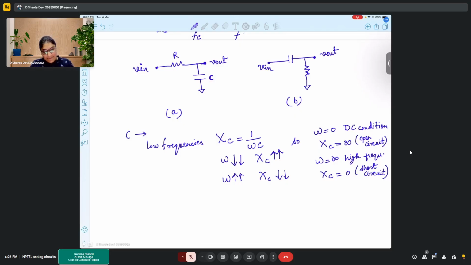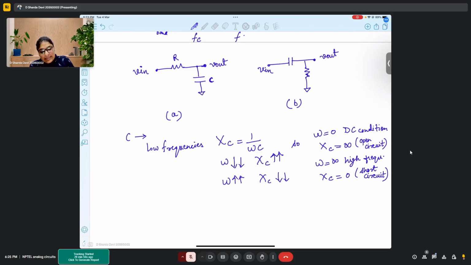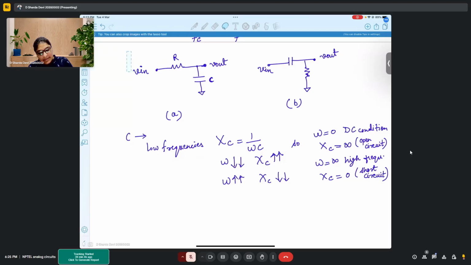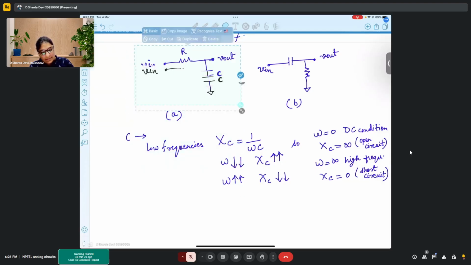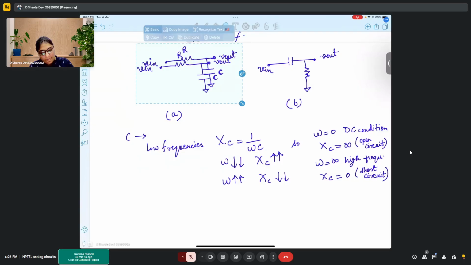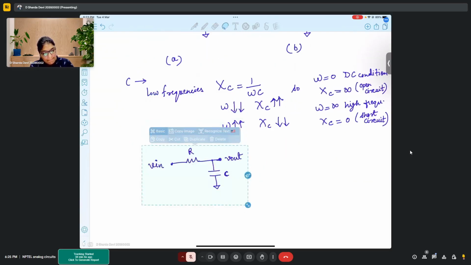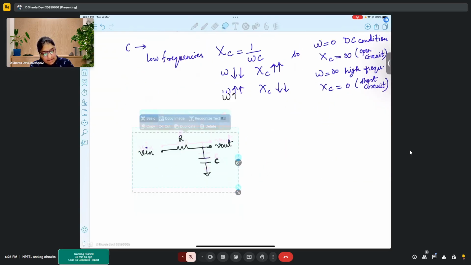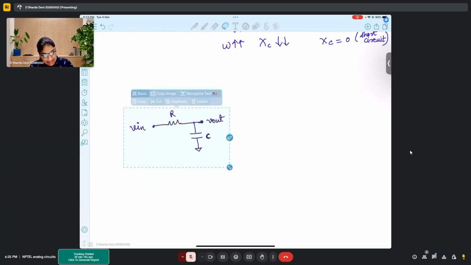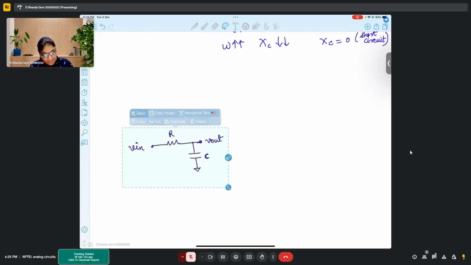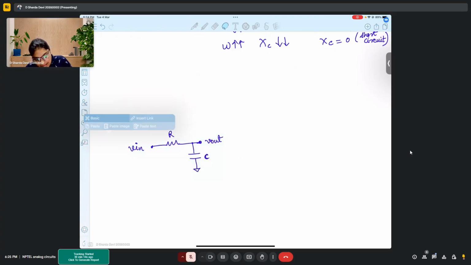So, see here, in case A, let us analyze this circuit A for two different conditions: low frequency and high frequency.